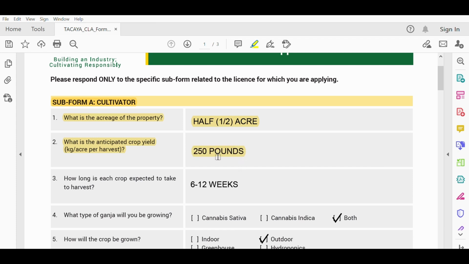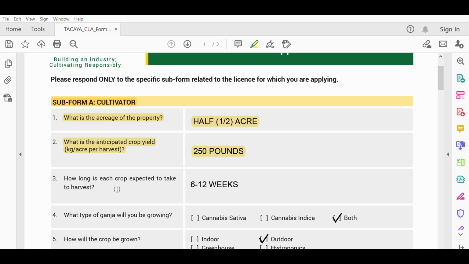So you want to just estimate it from a half a pound based on your half an acre, based on your experience. Approximate how many pounds you will be harvesting at any one time. Then also factor into that a contingency of maybe adding 20% more to that amount.